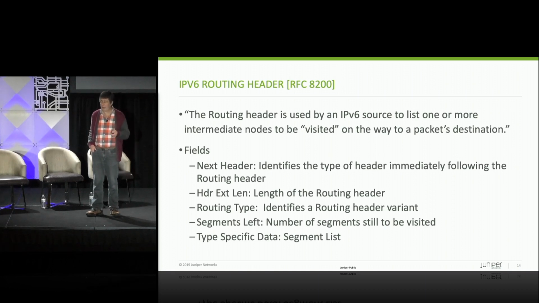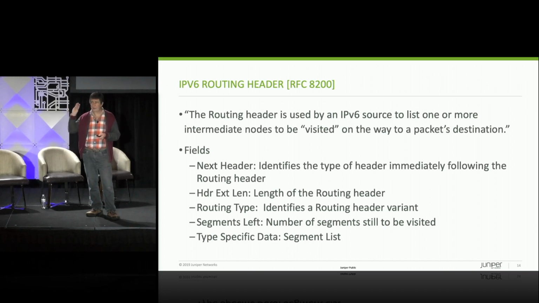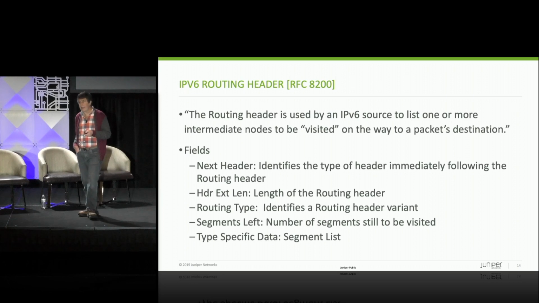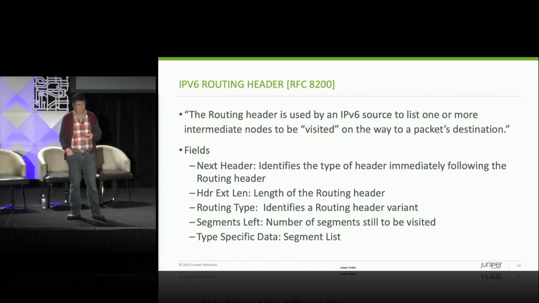A header length, a routing type, because there are many variants of routing headers. SRv6 defines one variant, SRv6 Plus defines another variant. The number of segments left, that's the number of segments still to be visited along the SR path. And type-specific data. Type-specific data can contain anything, but it always contains a segment list, the list of segment endpoints yet to be visited.